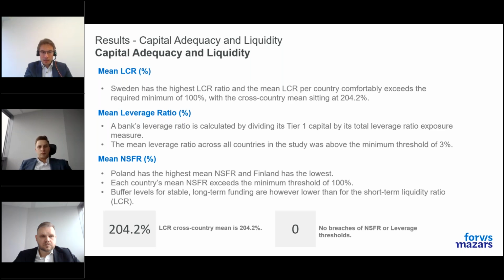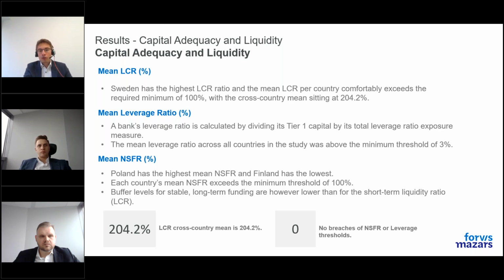One interesting observation is that the level of buffer is significantly higher for short-term funding. So LCR level observed in the sample is 204%, highly above the prescribed level, while NSFR is also above those regulatory thresholds.